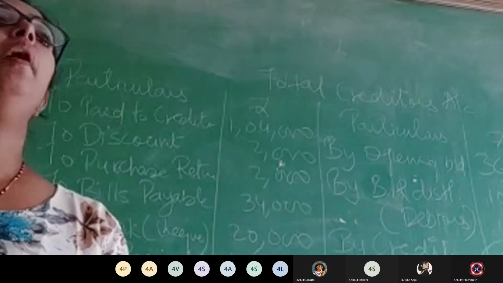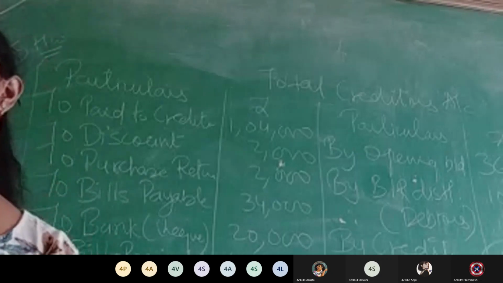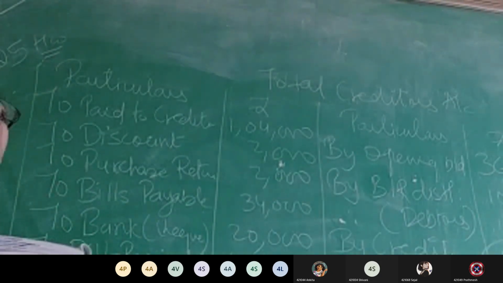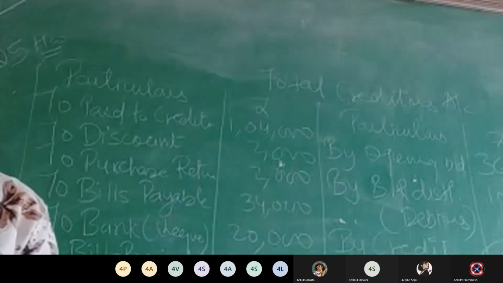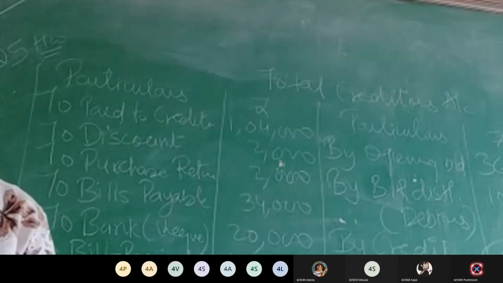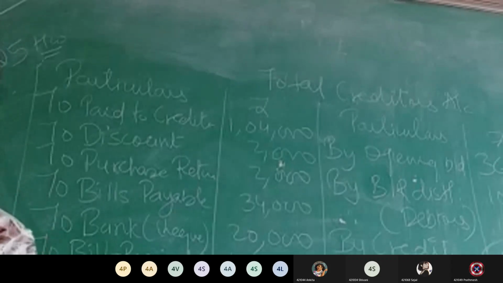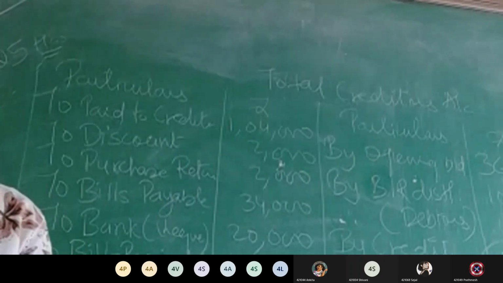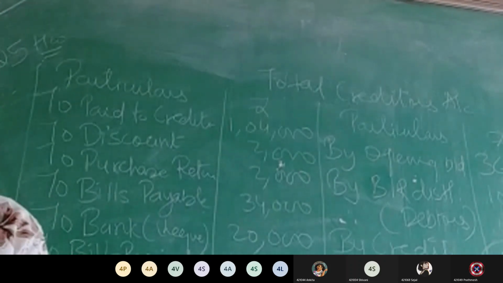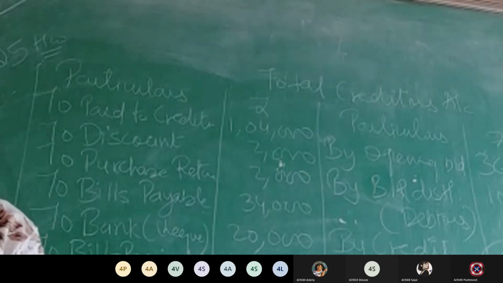Second one, purchases made during 2016. The amount is 2,50,000.